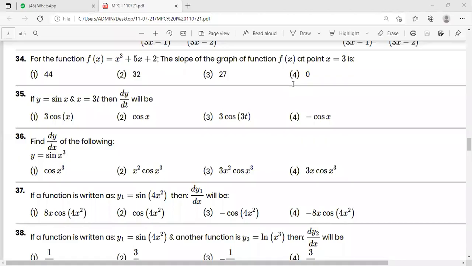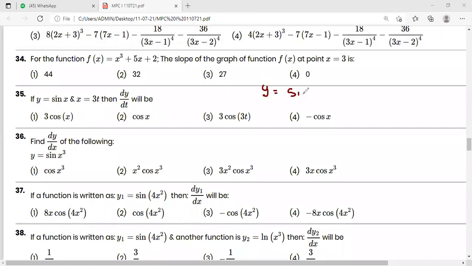And question number 35. It is given y equal to sin x, where x equal to 3t. That means you can write here y equal to sin x, that is equal to sin, in place of x again you can write 3t. So finally what is y? y is nothing but sin 3t.